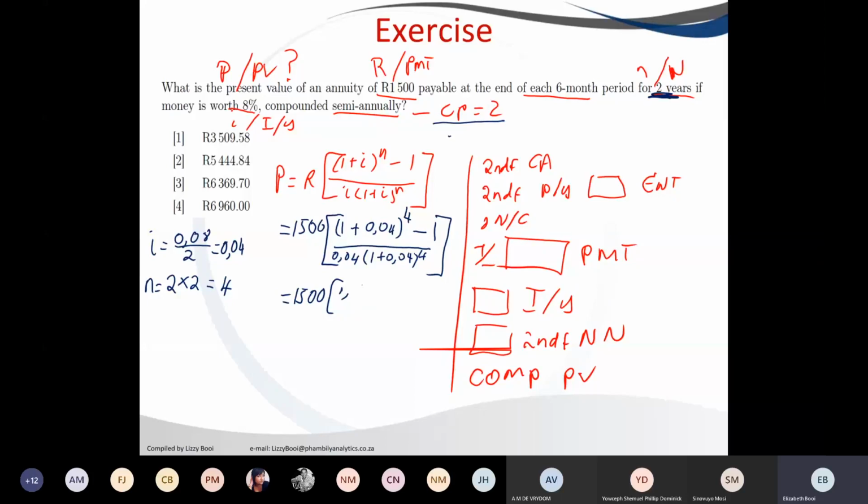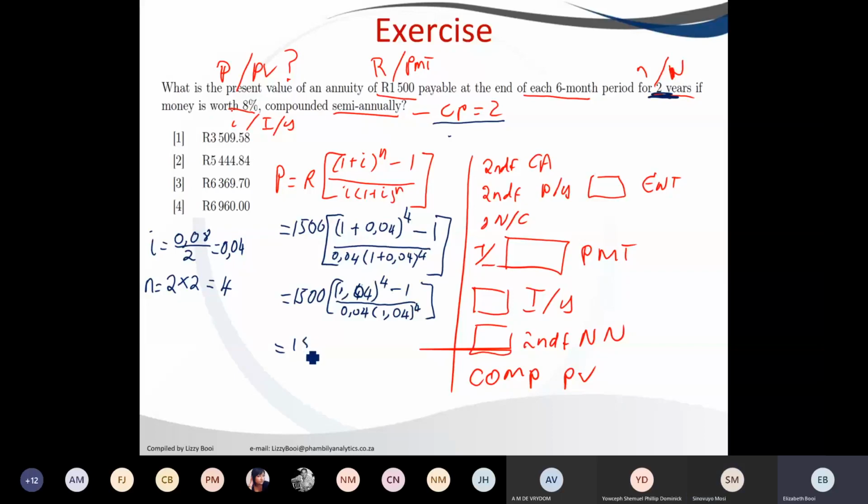I'm going to run out of space. So 1.04 to the power 4, minus 1. Divide everything by 0.04 times 1.04 to the power 4, close bracket.